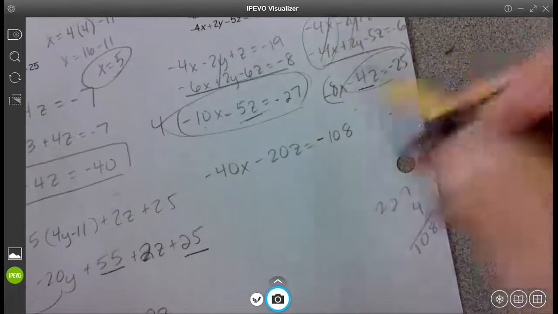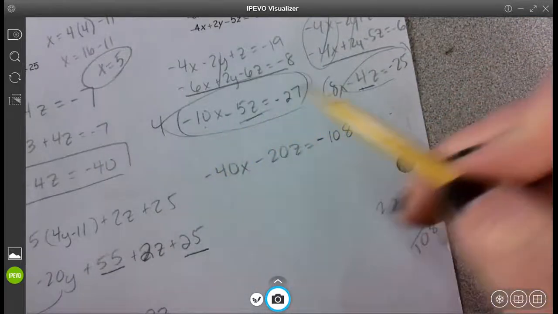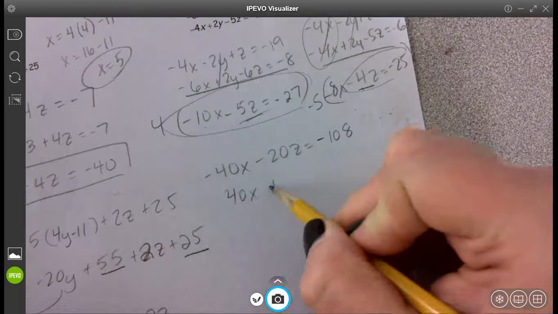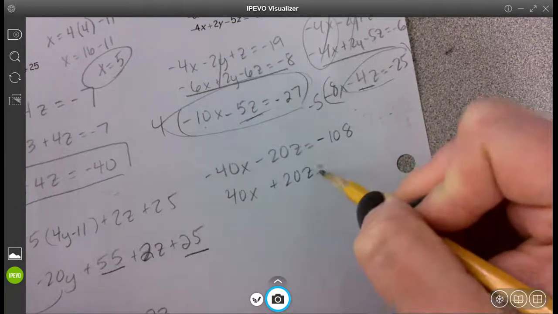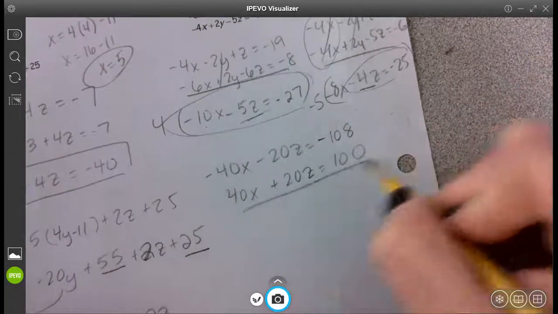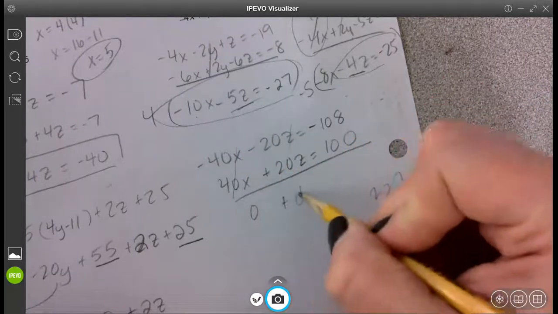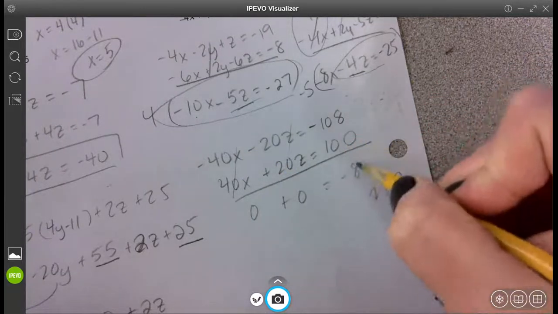Let's multiply here by, if we want this to be -20, let's make this positive 20, so -5. When you add, you're going to get 0 plus 0 equals -8.